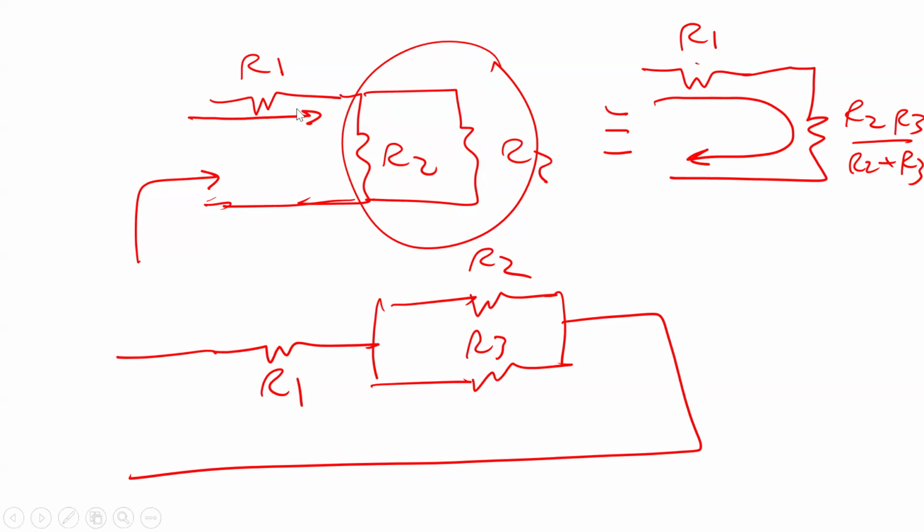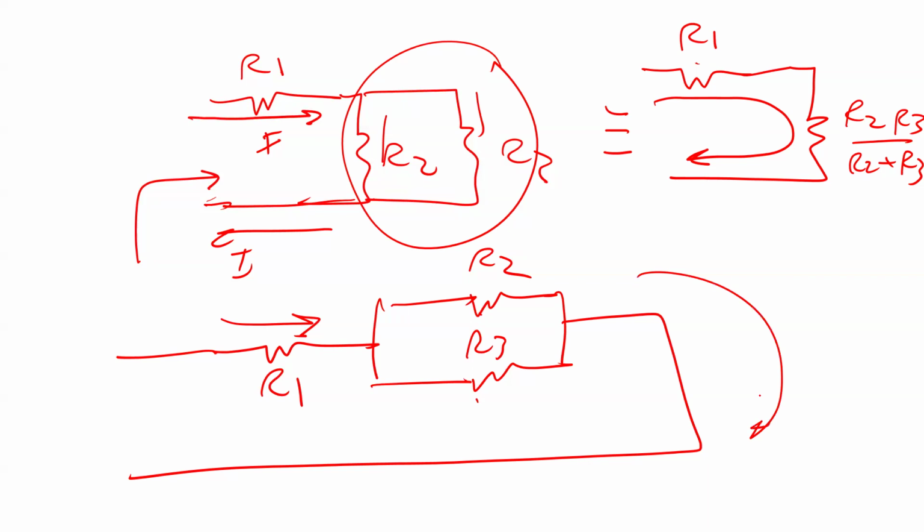So here the current is going to come here, and it's going to split between these two. And then after the split, it's the same current. This is I, so it's going to be the same I that comes here. It's the same thing as this one: here you have I, it splits, and then I comes back here. Maybe this is easier to understand the relation between them.